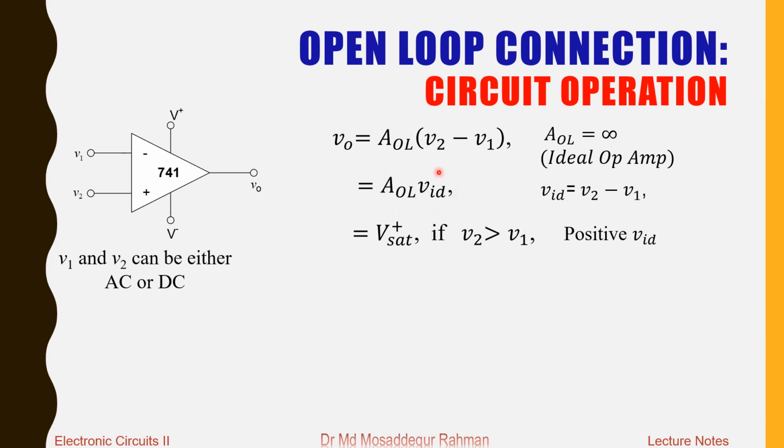Now when you multiply something by infinity, the value should be infinite, right? But that is not practically possible. You cannot have an infinite output from a device, or generate an infinite voltage. So what can we expect at the output?